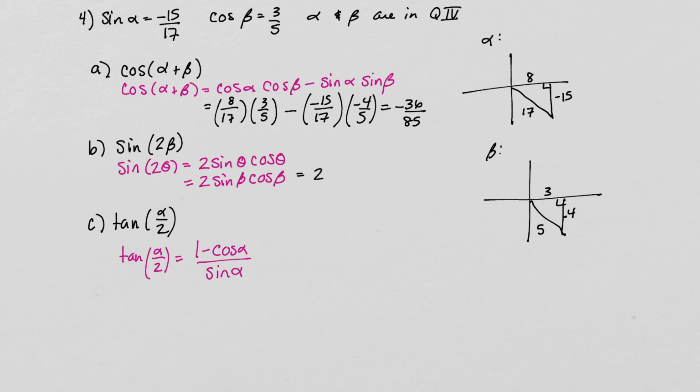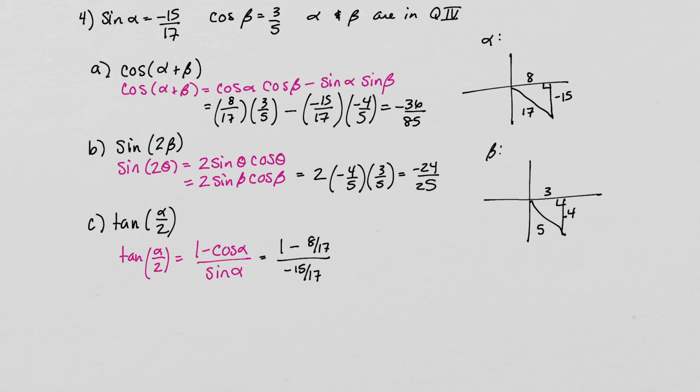Here we're going to have 2. The sine of beta is minus 4/5. The cosine of beta is 3/5. So this is going to be negative 24 over 25. And then the tangent of alpha over 2. We're going to have 1 minus the cosine of alpha, which is 8 over 17, divided by negative 15 over 17.